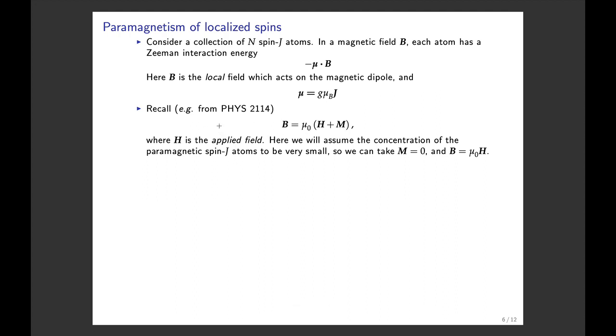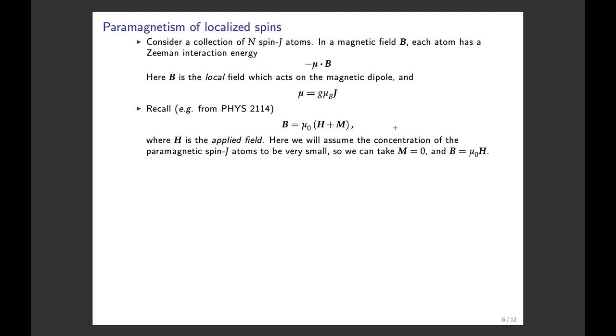So if you remember, if you had physics 2.114, the magnetic field B can be written as the contribution of the applied field H, or mu naught times the applied field H plus M, where M is the magnetization.